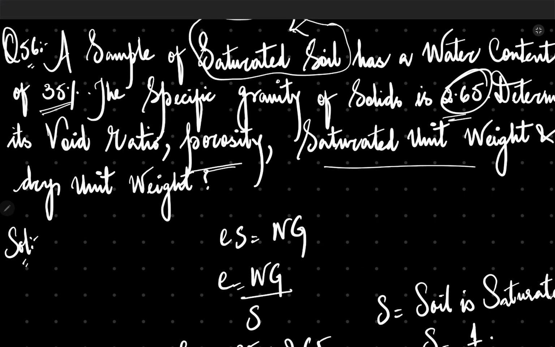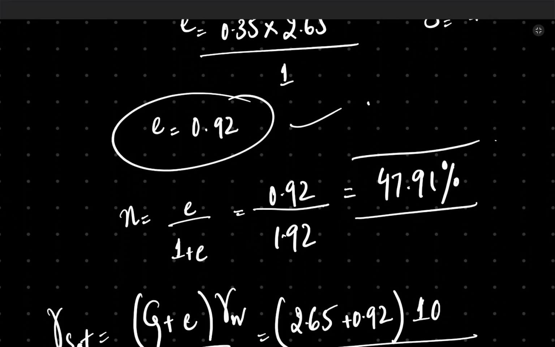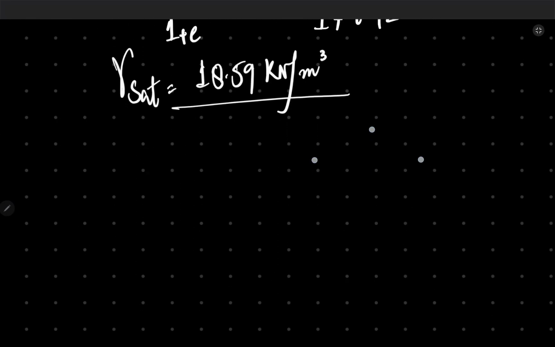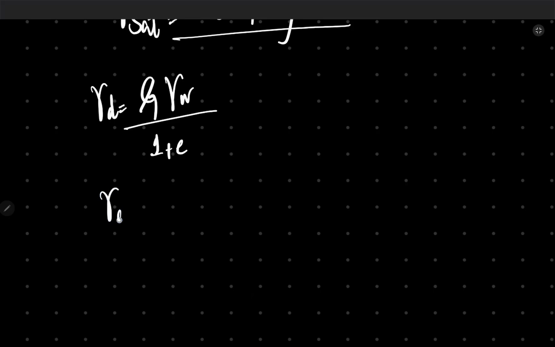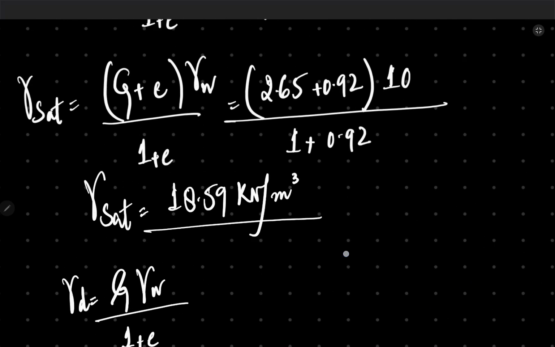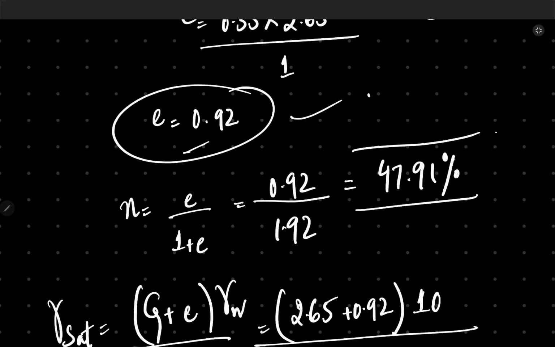Next, dry unit weight. Dry unit weight is given by this formula, Gγw / (1 + e). So dry unit weight becomes G is 2.65, times 10 kilonewton per cubic meter, divided by 1 plus void ratio 0.92.